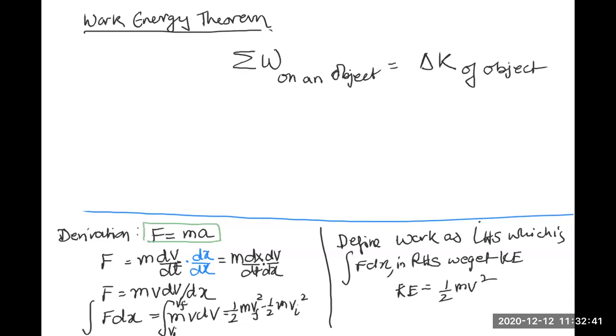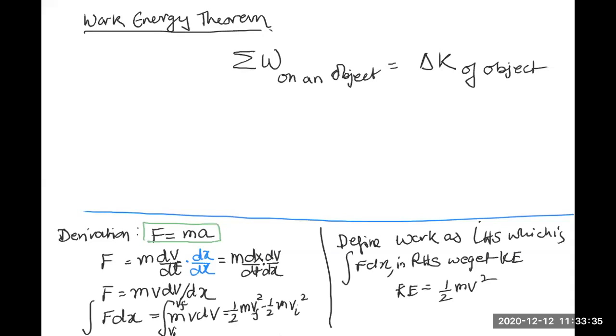So F is equal to ma written in a different way. क्या किया मैंने? a को v dv by dx लिखा, dx को मैं क्रॉस मल्टीप्लाई करके लेफ्ट हैंड साइड में ले गया और दोनों तरफ इंटीग्रेट कर दिया. तो इंटीग्रल F dx जो LHS में आया उसको मैंने बोला कि अच्छा चलो इसको एक नया टर्म डिफाइन करते हैं जिसको हम बोलेंगे वर्क. और RHS में जब मैंने m को बाहर ले लिया बिकॉज m इज कांस्टेंट, तो इंटीग्रल v dv आया. राइट. एंड इंटीग्रल v dv वुड बी v स्क्वायर बाय 2. उसमें मैंने लिमिट्स डाले vi और vf, इनिशियल फाइनल वेलोसिटी के लिमिट्स, तो मेरे पास आया हाफ mvf स्क्वायर माइनस हाफ mvi स्क्वायर. तो ये हाफ mv स्क्वायर को मैंने बोला लेट्स डिफाइन दिस as a thing called kinetic energy.